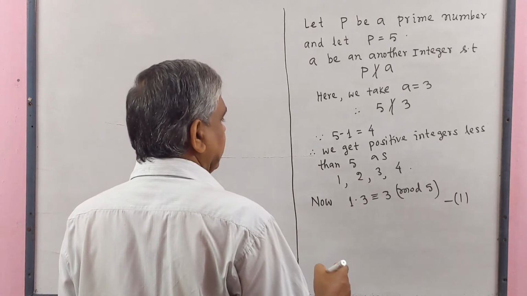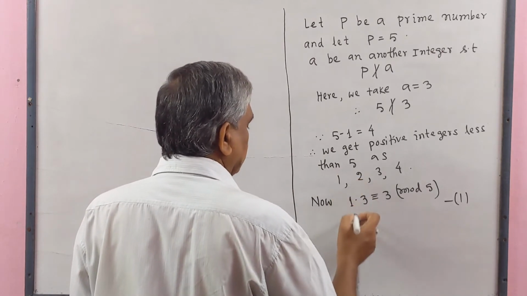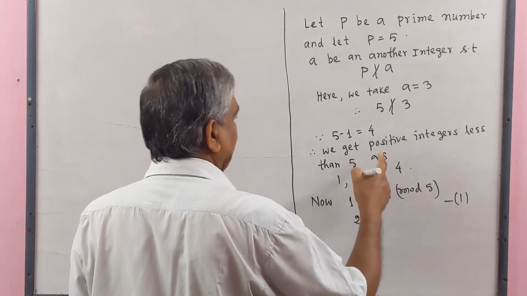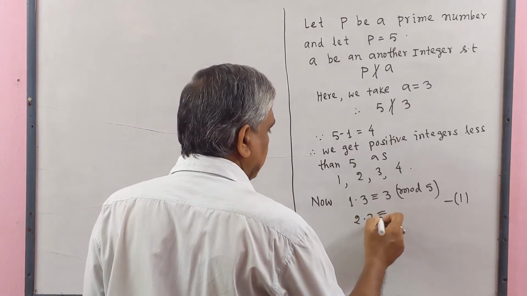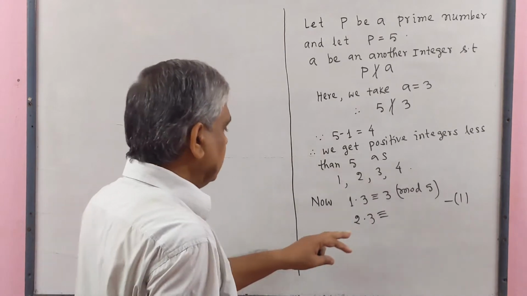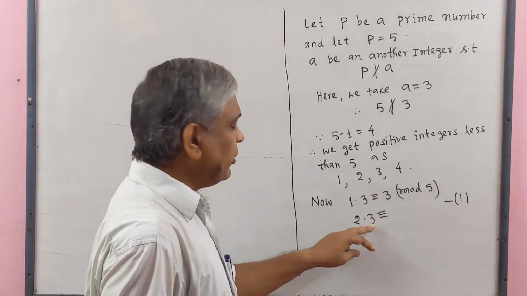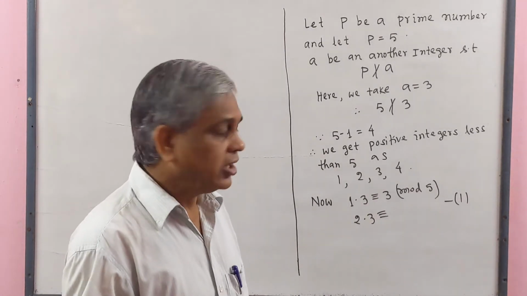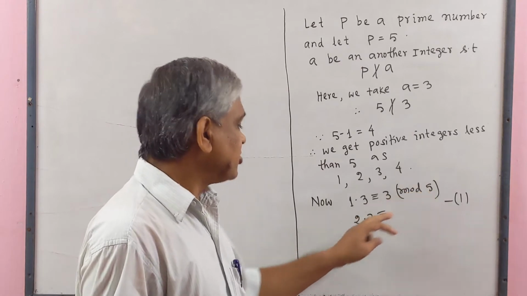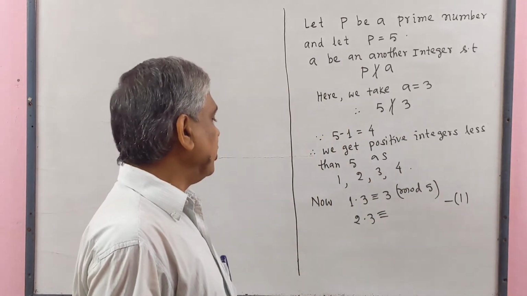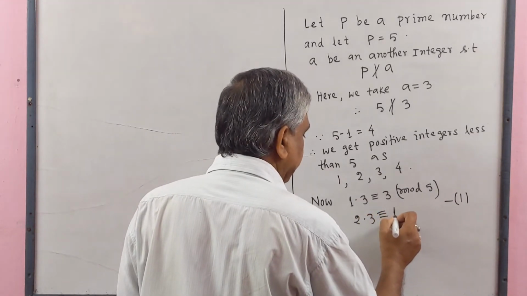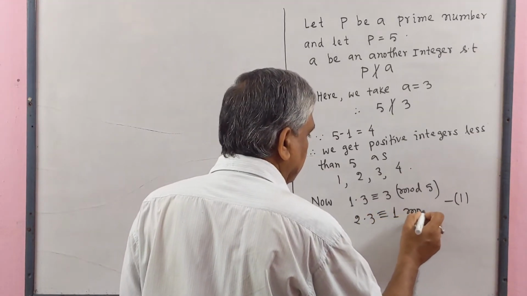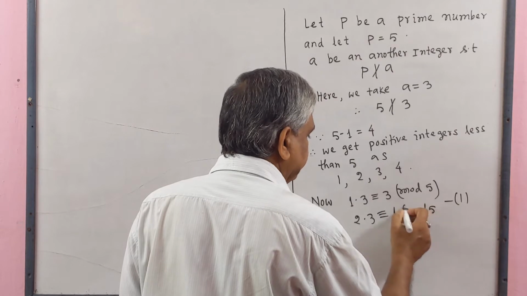Now we take 2. 2 multiply A, A means 3, is congruent to, this is 6. 2 multiplied by 3 is 6. If we divide 6 by 5, we get remainder 1. So here we write 1 modulo 5.